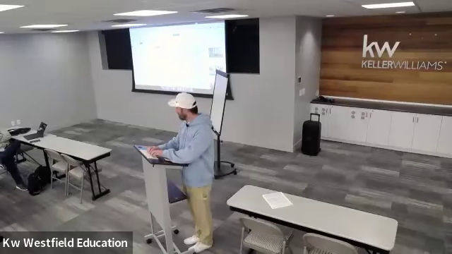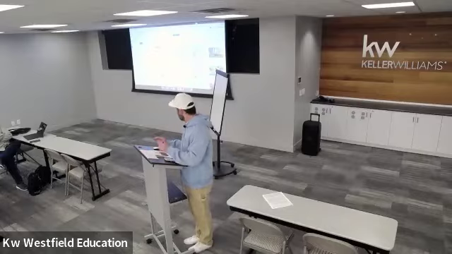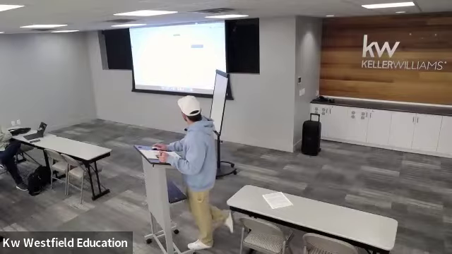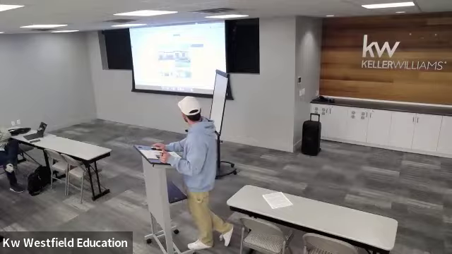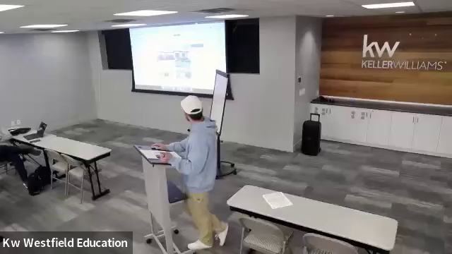2849 South. Okay, so this is my place. It says the value is roughly 675. It says 3 bedrooms, 3 bath, but it actually has a finished basement, so there's actually 6 bedrooms, 3 baths.